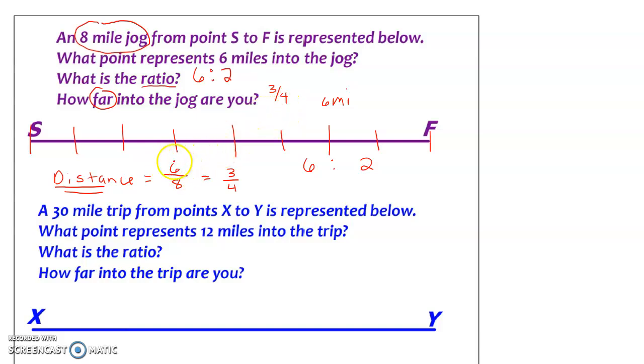Over here it's easier before you look at the simplified. How far out of the total? Your total is always going to be adding these two pieces of your ratio. Now on a 30-mile trip, we're going to just say that this is 0, and this is 30. X is at 0, Y is at 30. What point represents 12 miles into the trip? I'm just going to pick one and say this is 12 miles. And what is the ratio? Well, I have 12 parts on this side, and that would leave me 18 on this side.